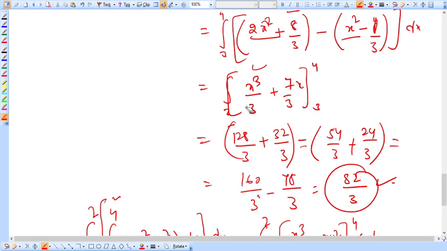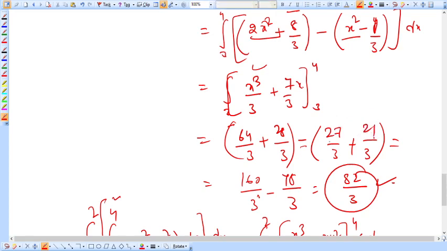After this you just calculate it, it would become 64 by 3 and 28 by 3, minus 27 by 3 and 21 by 3.